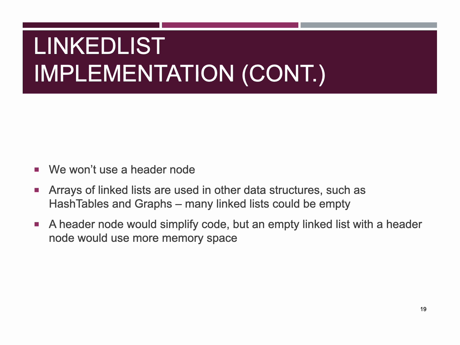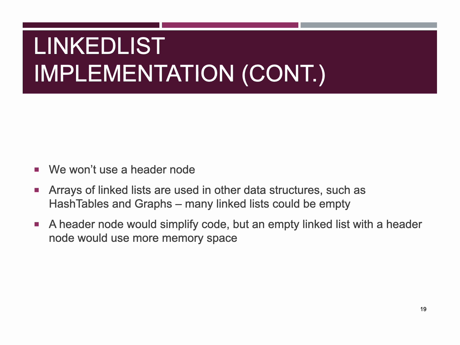Now, if you see here, in some data structures like hash tables and graphs, arrays of linked lists are used, and many of those linked lists could potentially be empty. While a header node can simplify the code by acting as a placeholder or starting point, it does come with a trade-off.